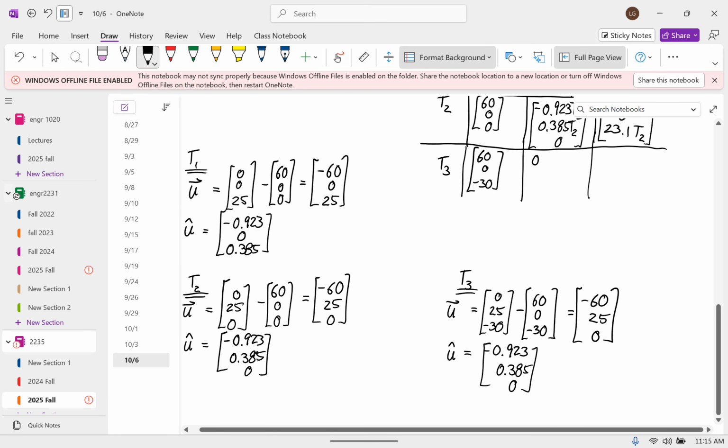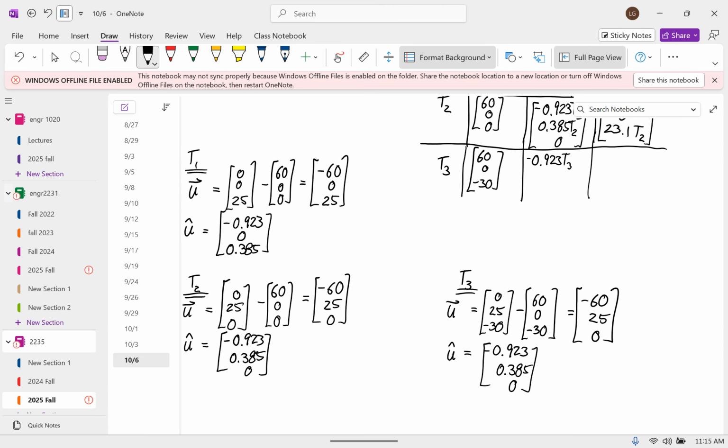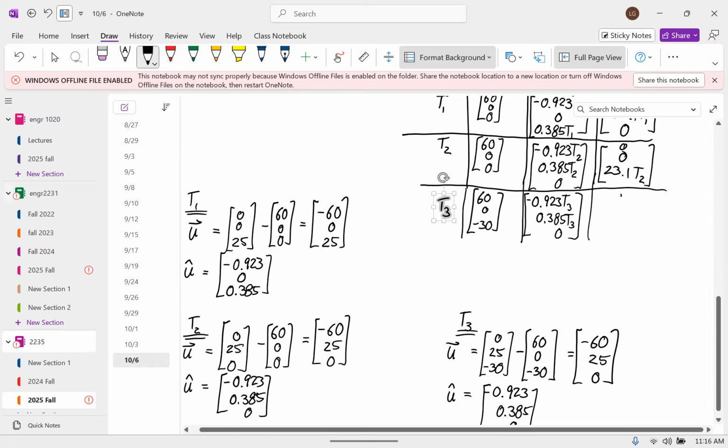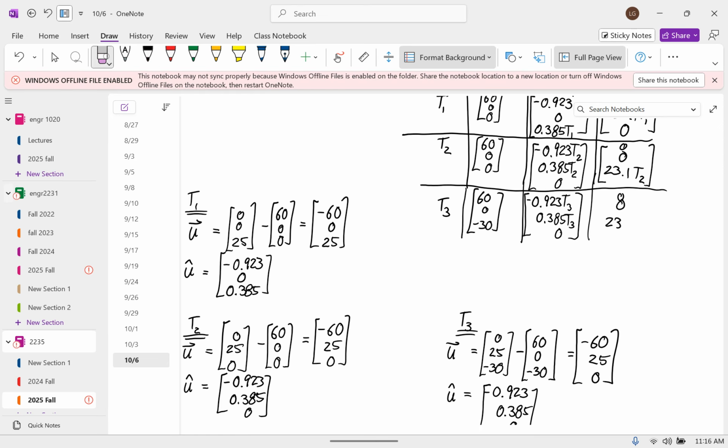So this is negative 0.923 T3, positive 0.385 T3, 0. And the cross product is 0, 0, 23. Oh, it's not as obvious this time. So I'm going to do that on my calculator.